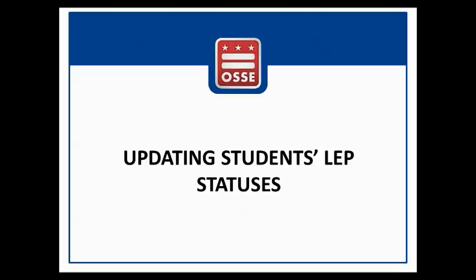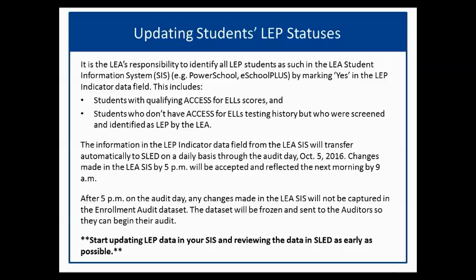So now we're going to talk about how to update students' LEP statuses. The very first step of the audit process starts when the October 5th enrollment audit data freezes. At that point, any student who's identified as LEP becomes the universe for the LEP audit. So leading up to that point, it's the LEA's responsibility to identify all LEP students as such in the student information system, so your PowerSchool or your eSchool Plus.